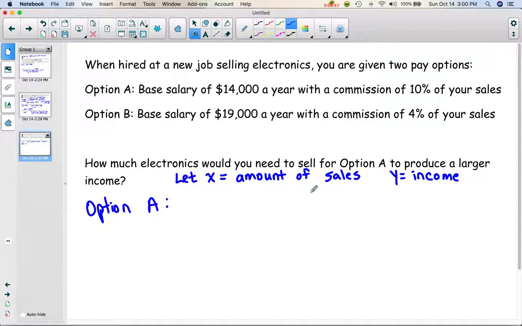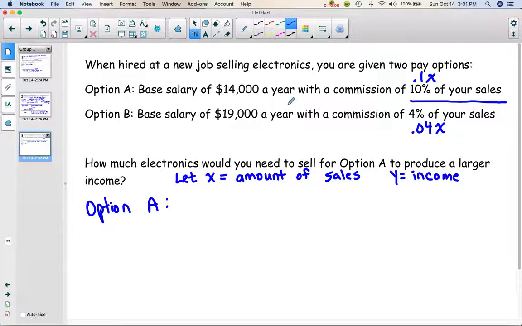So for option A, you're going to take 10% of your sales, where your sales we said was X. So this is going to be 0.1 because we have to change that to a decimal value. So 10% of your sales we would represent as 0.1x, 4% of your sales, 0.04x, and then we have this fixed salary that you're going to get.